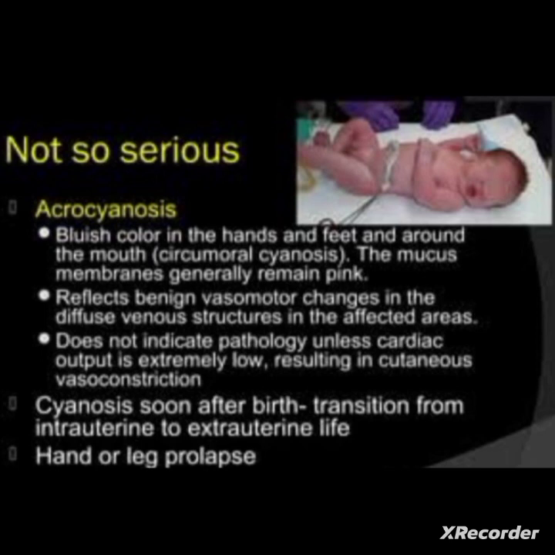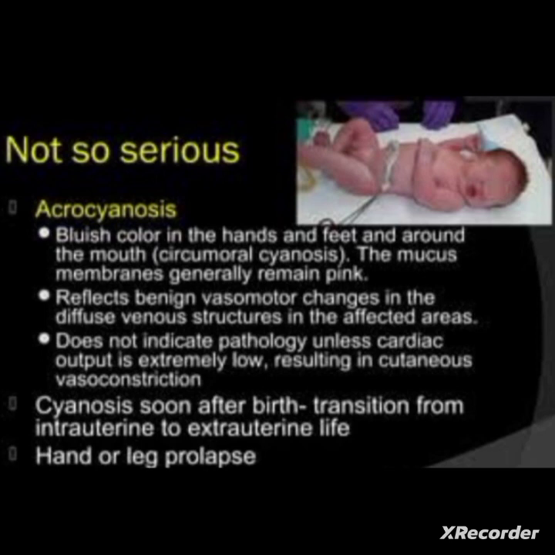So, cyanosis means bluish discoloration of the skin and mucous membrane. There are mainly two types: central cyanosis and peripheral cyanosis. Peripheral cyanosis occurs in the extremities, that is fingers, toes and palms. Central cyanosis occurs in the mucous membranes, lips and tongue, and is usually due to arterial oxygen insufficiency.